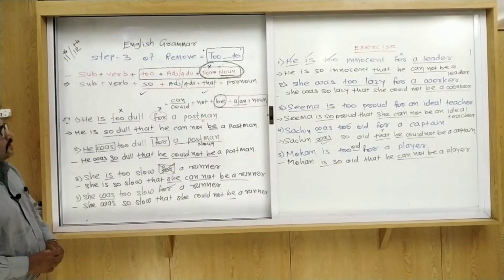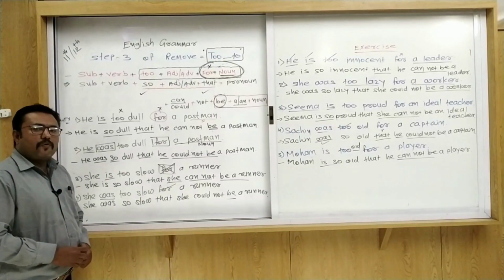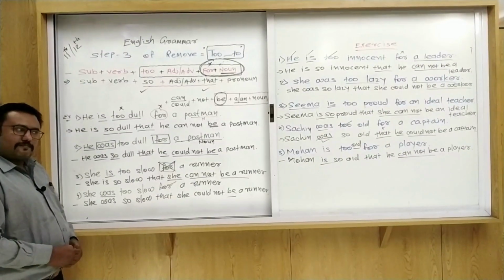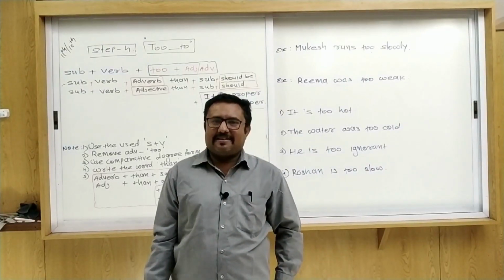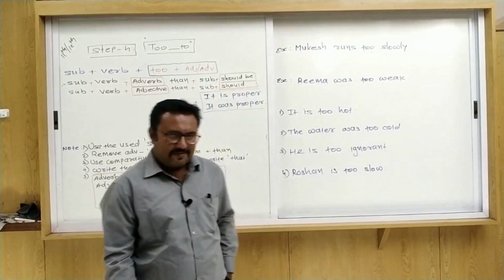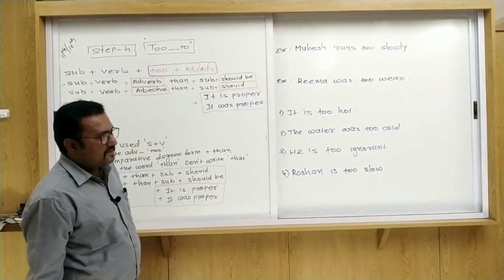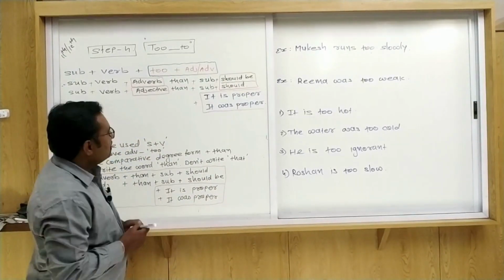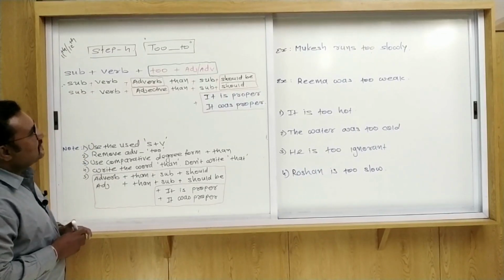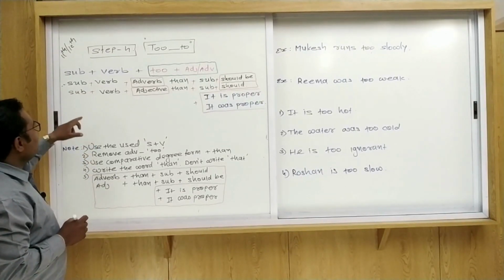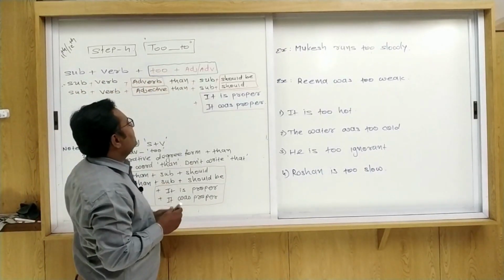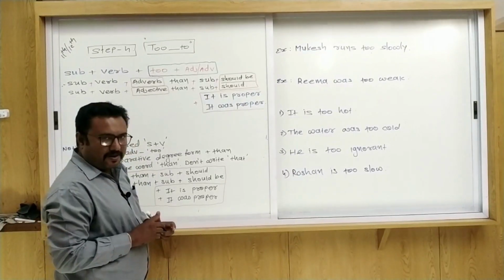After that, we try to discuss step number 4. Hello friends. So this is the last step of 2-2. So please try to remember it. If the sentence is based on the structure subject plus verb plus to plus adjective or adverb.